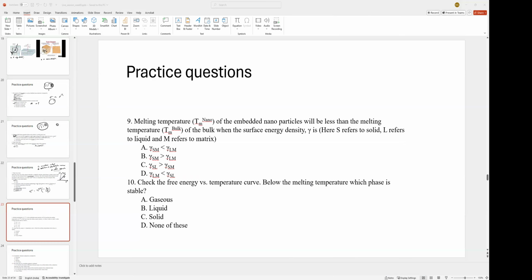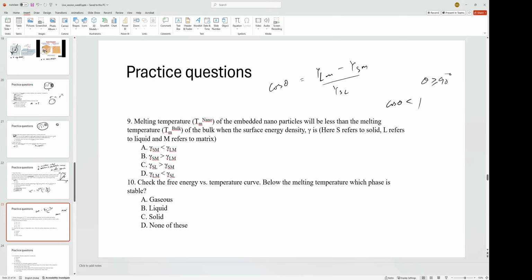So for this condition to happen, your cos theta, which is gamma Lm minus gamma Sm divided by gamma SL, theta should be greater than 90 degrees. The cos theta will be less than 0, or negative.